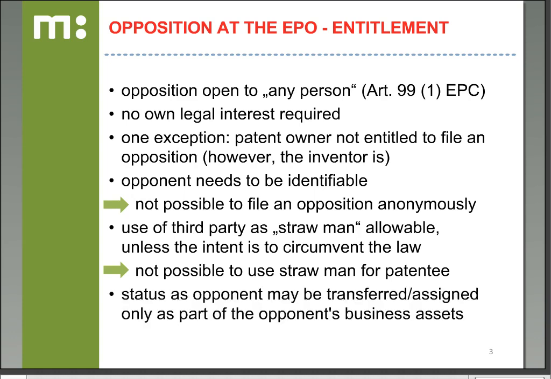One thing which is also interesting, if you start an opposition and then afterwards you sell your business, or somebody else is interested in the opposition, you can only transfer the status as an opponent as part of the complete opponent's business assets.